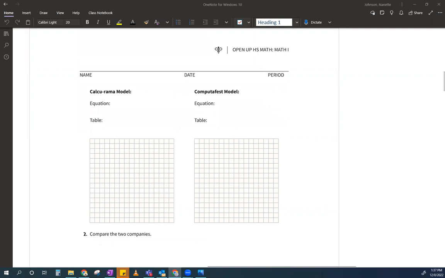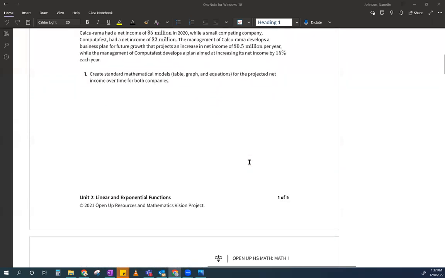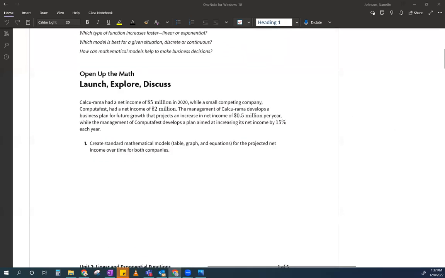So what kind of information did they give me about either Calcurama or ComputerFast?